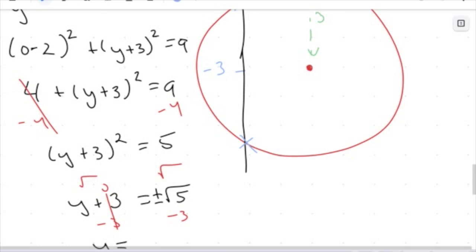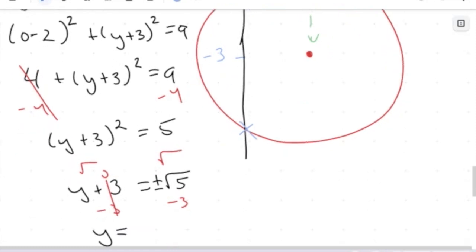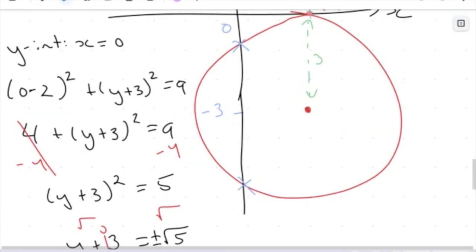I struggle sometimes with these too, so you will undoubtedly, like all of us, sometimes come to these points where it looks like you've done something wrong, something's not really working out, but you can sense check it as well. You look at your diagram, you go, okay, I've forgotten this plus minus, because here I would have only had one solution, but I can clearly see I have two solutions, two intercepts here.